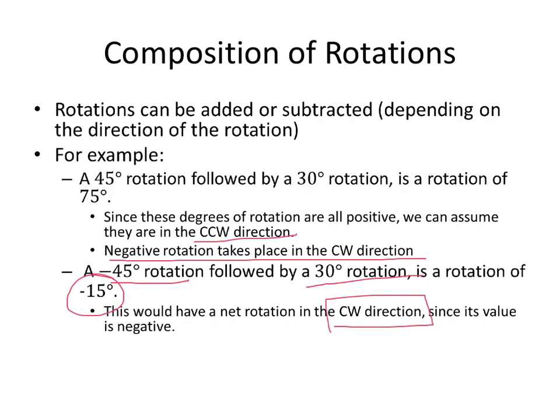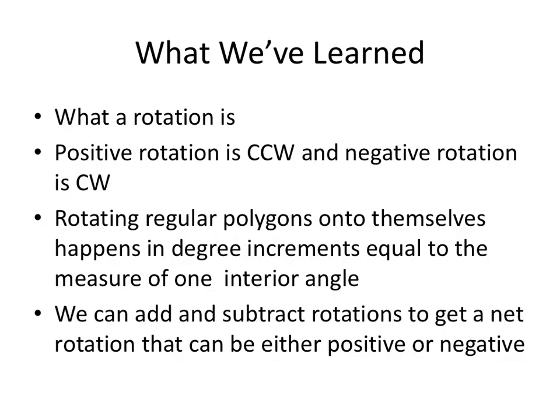Okay? It's very important. So we've learned what a rotation is. We've learned that positive rotation happens in the counterclockwise direction, negative rotation is in the clockwise direction. We've learned a little bit about rotating regular polygons onto themselves, and this happens in degree increments equal to 360 divided by the number of sides, okay?